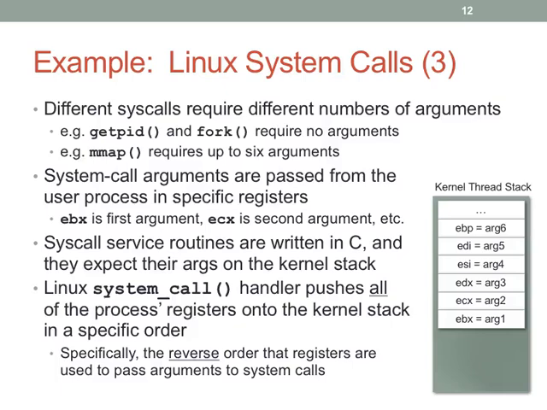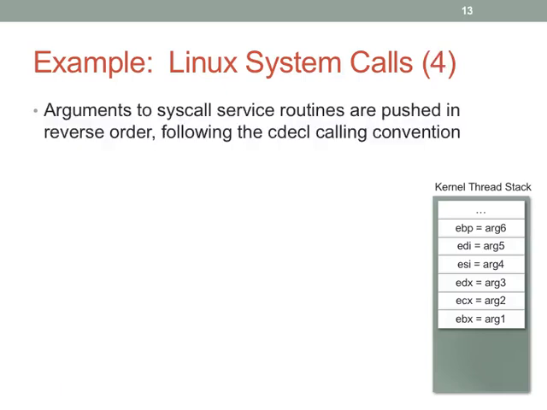So that argument 6 has a higher address than argument 5, which is higher than argument 4, all the way down. Okay? So you get this layout. Now it turns out that this actually follows exactly the CDECL calling convention. And CDECL is what the compiler uses on 32-bit. I should say Unix platforms on 32-bit use this calling convention.